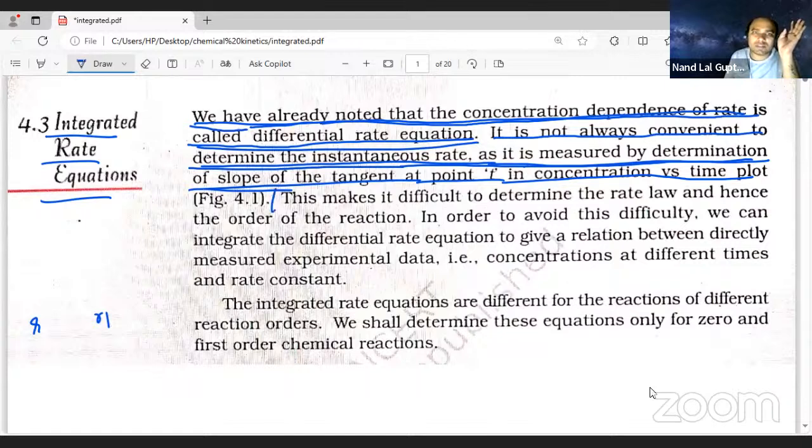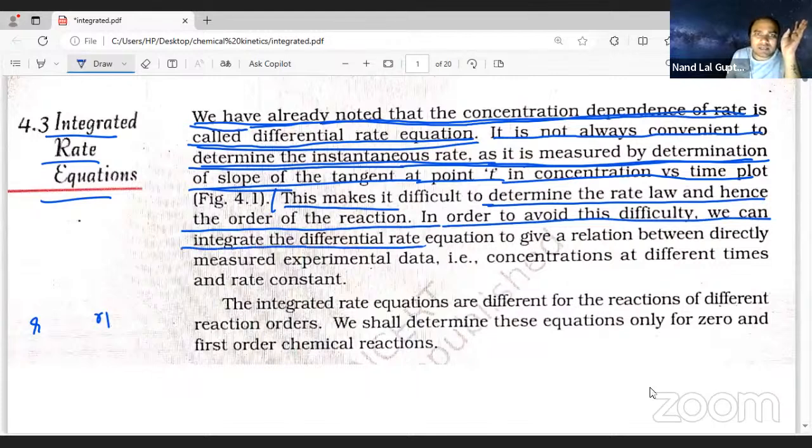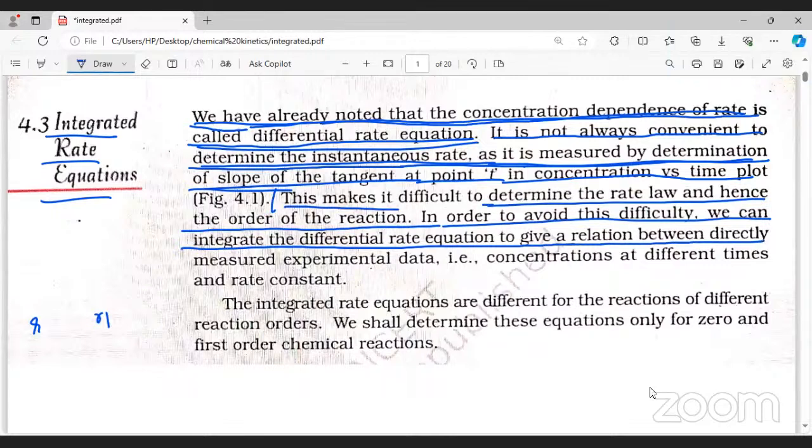Now, another point says this makes it difficult to determine the rate law and hence the order of the reaction. In order to avoid this difficulty, we integrate the differential rate equation to give the relation between directly measured experimental data.